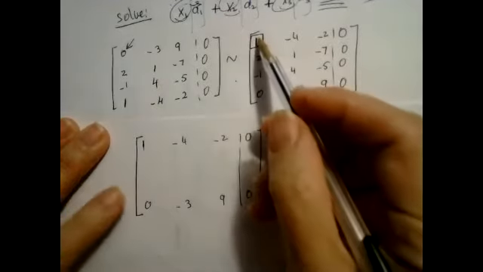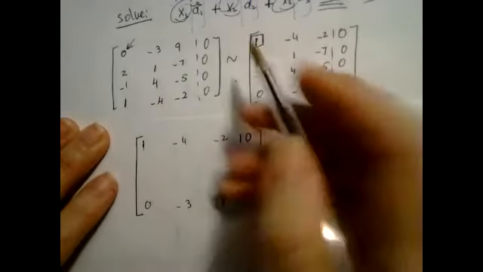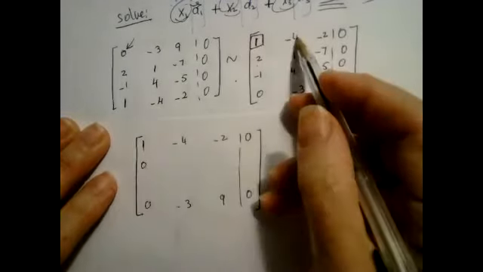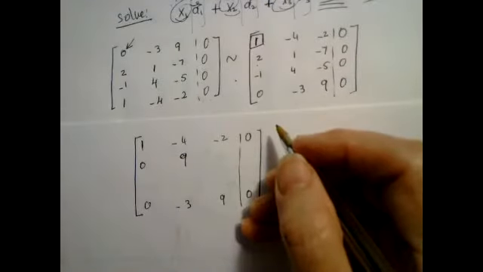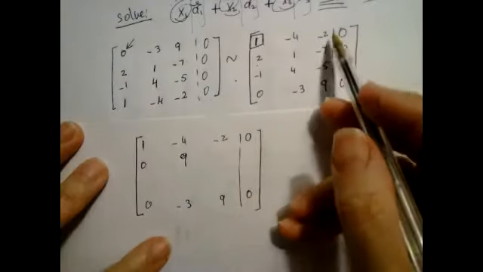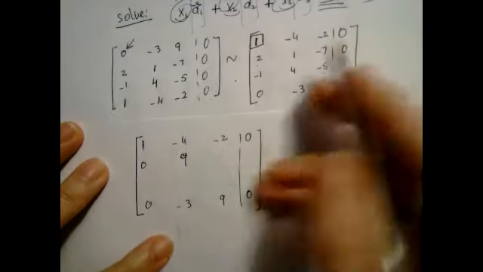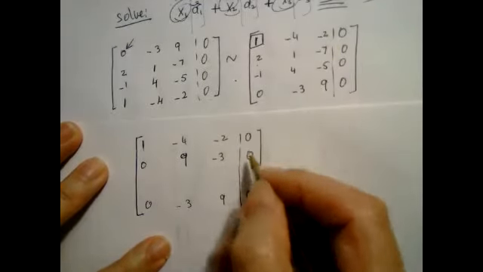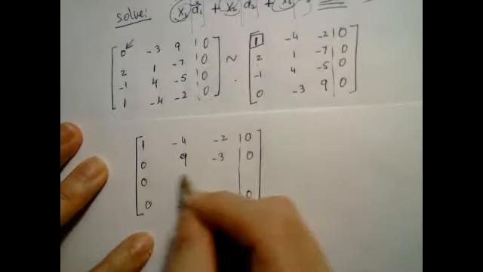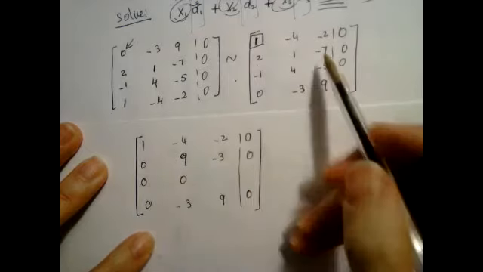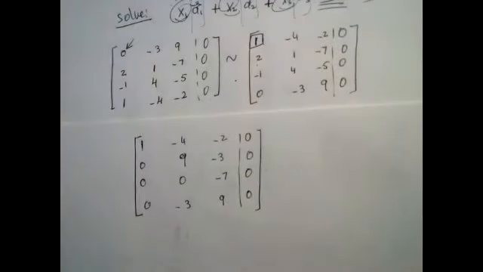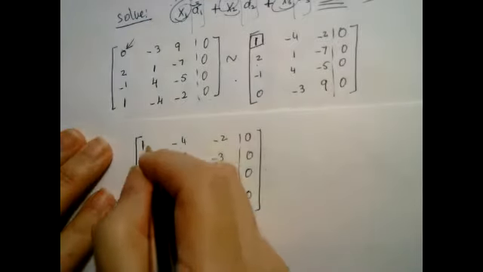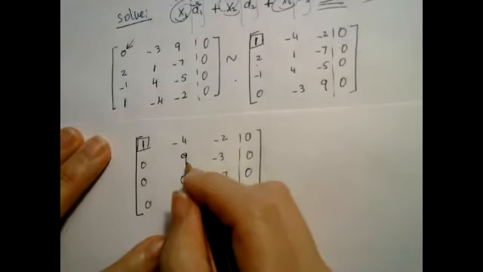And here, I have to multiply by minus 2 and add, to give me a 0. Minus 2 is going to give me a 9. Please help me if I make any mistakes because we'll mess it up a little bit. And minus 2 here is going to give me a 4, minus 7, that's a minus 3 and a 0. Then I have to add, and that gives me minus 7 and a 0. Right, so this is a 1 and there is a leading 1 here.